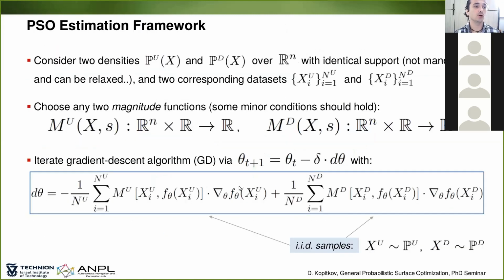Okay. So more formally, let's define two densities, Pu and Pd, over Rn, with identical support. It's not required to have identical support, but there are some specifics in the case where the support is not identical, and I will not talk in this presentation about these subcases.